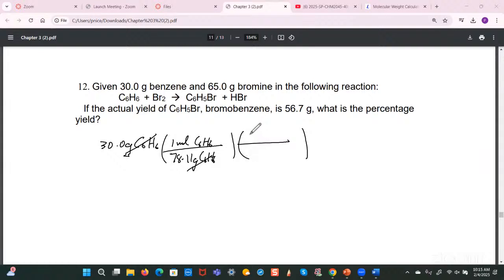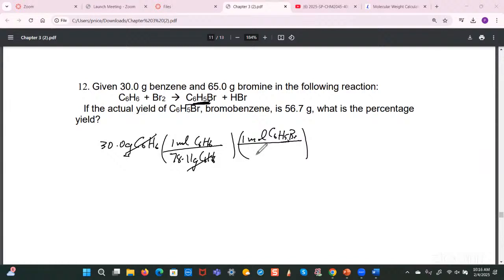Okay, so what goes up top here? One mole of the bromobenzene, C6H5Br, right?